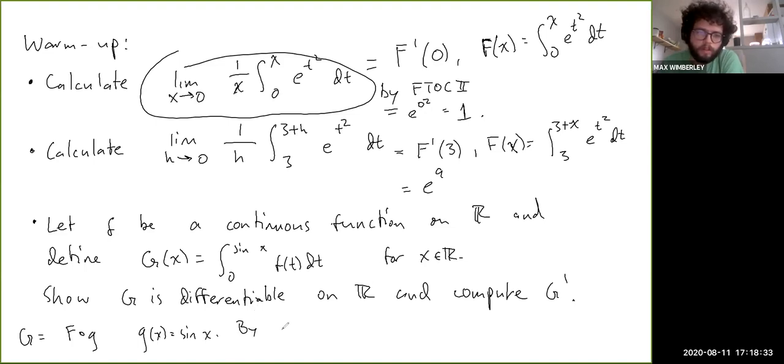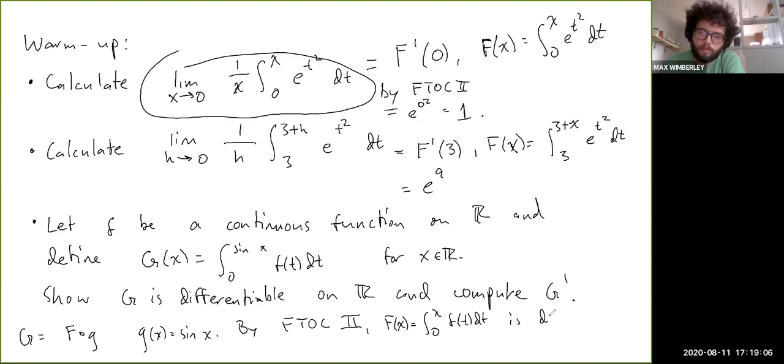So by the fundamental theorem of calculus, I think 2 again, capital F of x is just the integral from 0 to x of f of t dt.